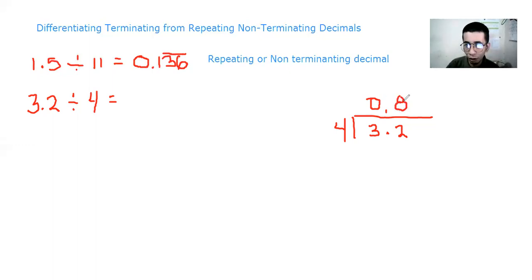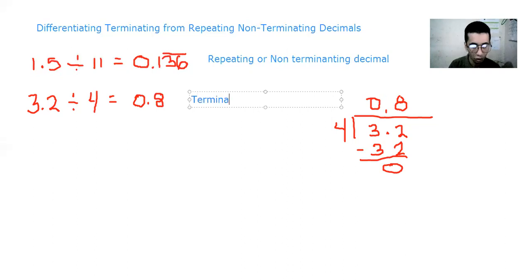So 8 times 4, that is 32. Ngayon, kapag minus natin siya, magiging 0 yung ating sagot dito. So here is 0.8. And this 0.8 is called terminating decimal. So, as you can see, anong pinagkaiba ng repeating or non-terminating decimal to terminating decimal?